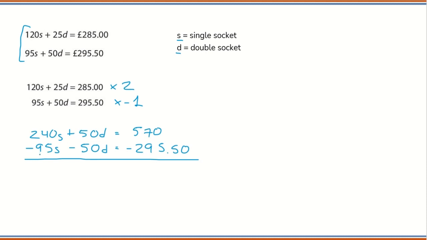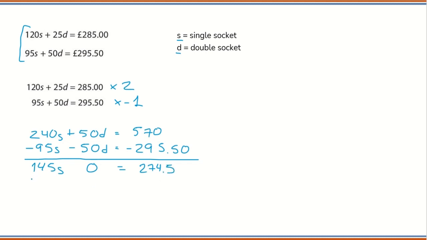240 minus 95 is 145S, plus 50D minus 50D is 0, and this equals 274.5.